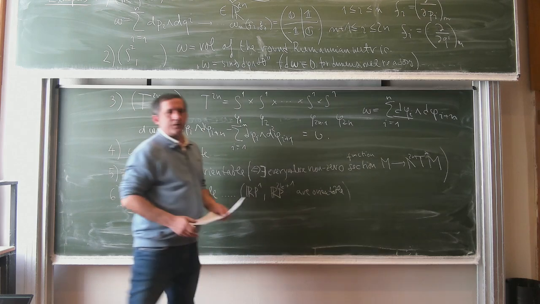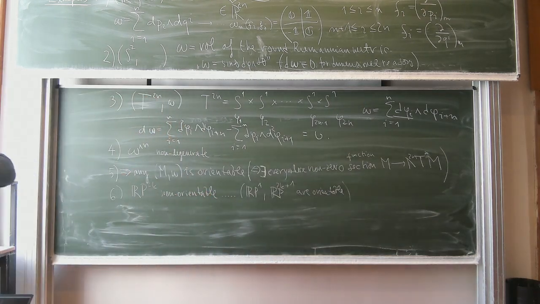This is just a mnemotechnical rule, because if you know that RP^1 is a circle, which is orientable, then you can deduce this information.